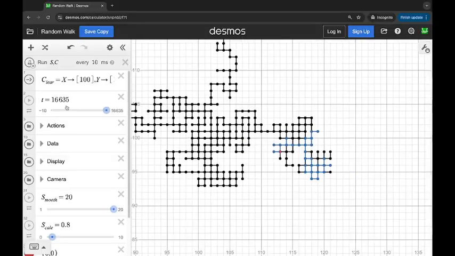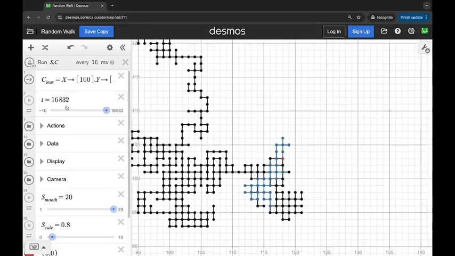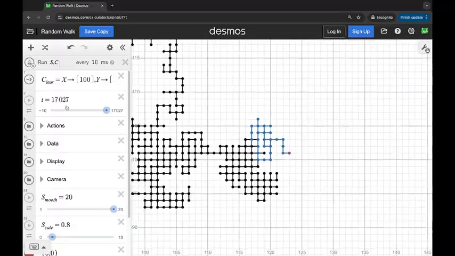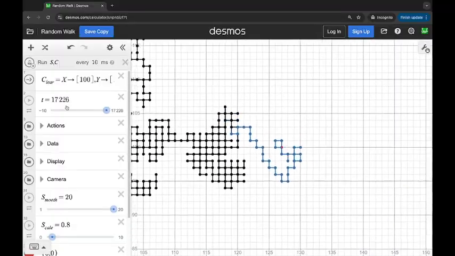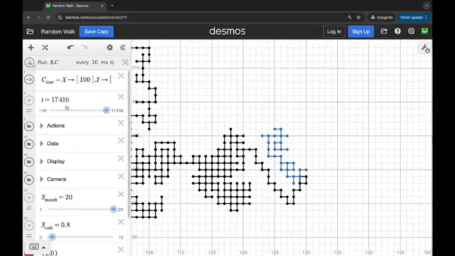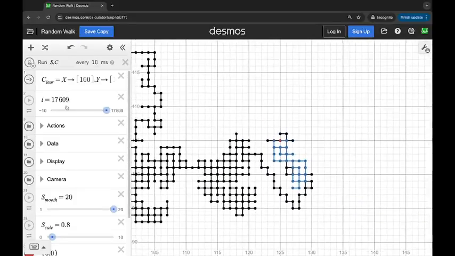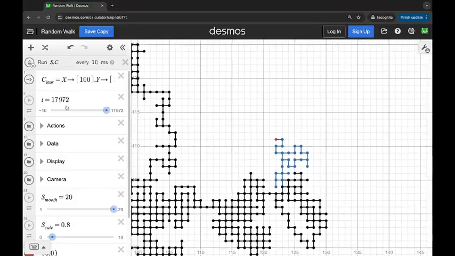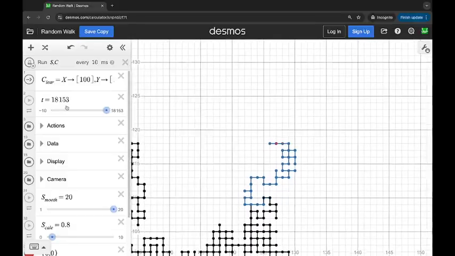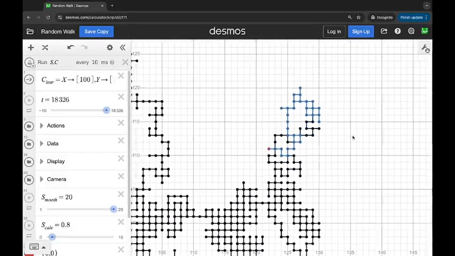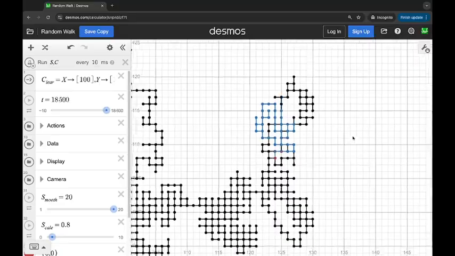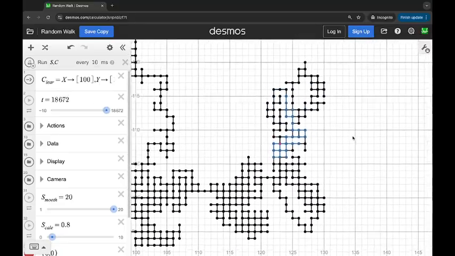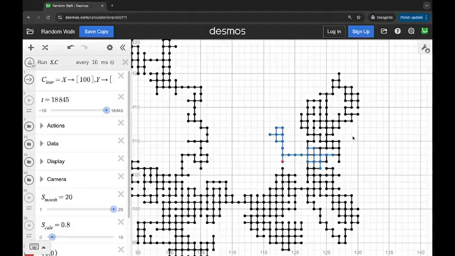However, because lists in Desmos can be a maximum of 10,000 items long, that means once you reach 50,000 ticks, the simulation will just stop. There's a hard limit. So that's my time limit for this reflection, although we won't reach it. I'll leave this running. And we hope that he eventually finds himself again.